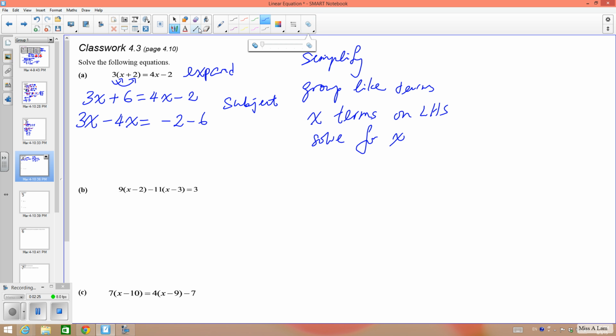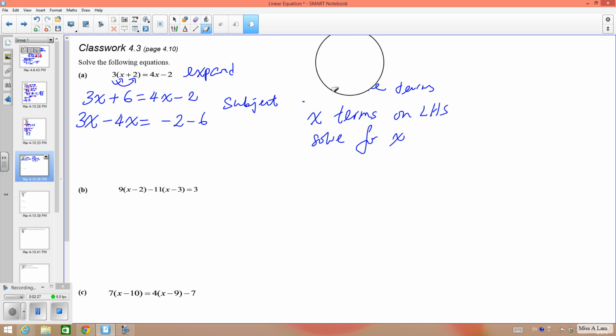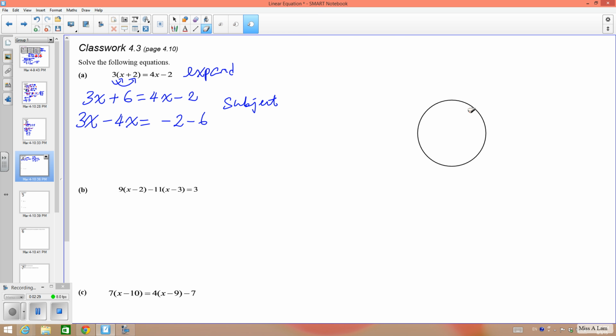Now if you think that you don't quite understand here, maybe I try to write the steps in more detail. 3x plus 6 equals 4x minus 2.